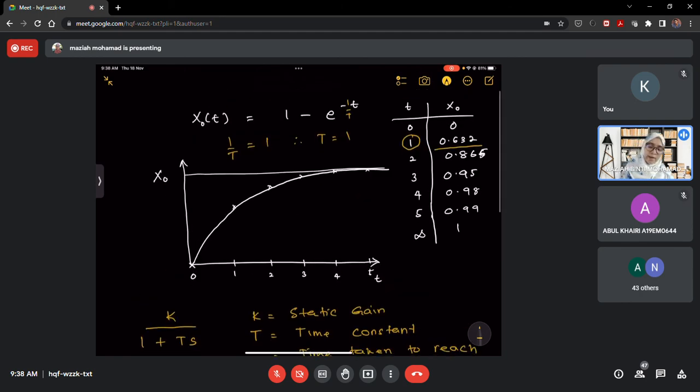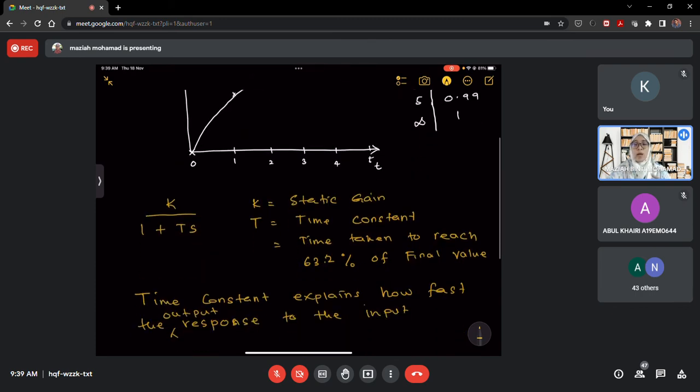The final value is 1, and 63.2% of 1 is 0.632. From the plot here, for this system, it reached 63.2% at 1 second. Therefore, the time constant is 1 second.